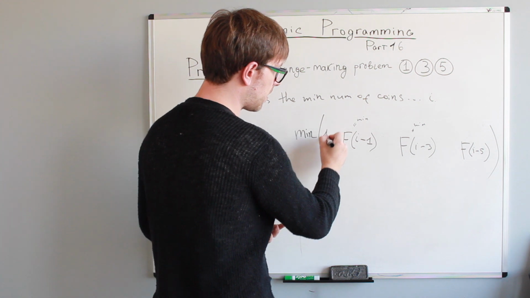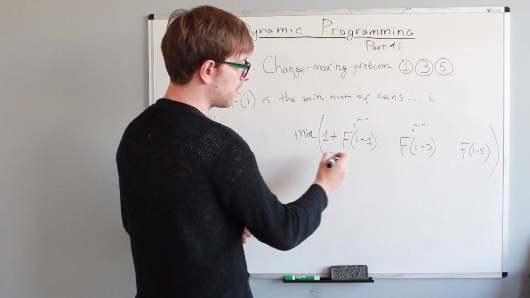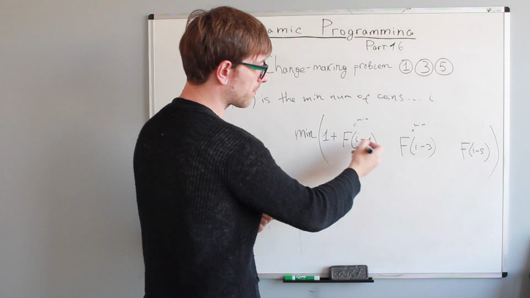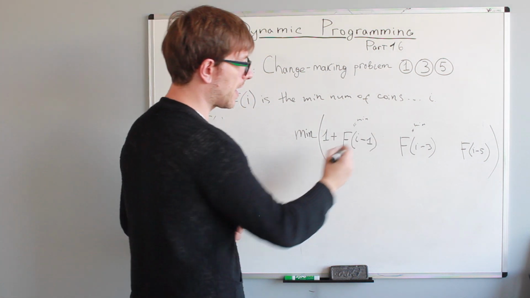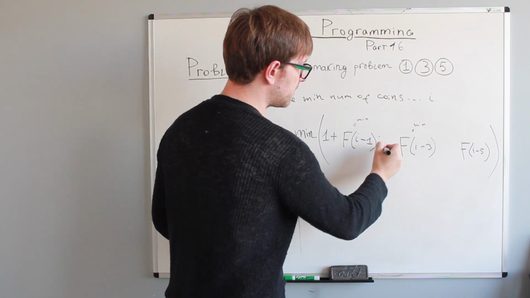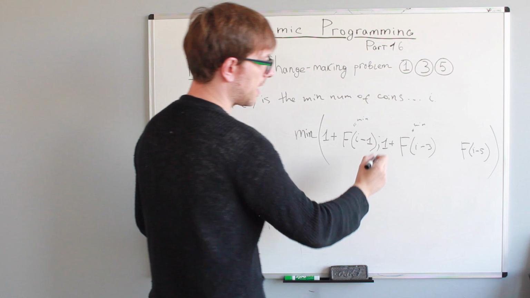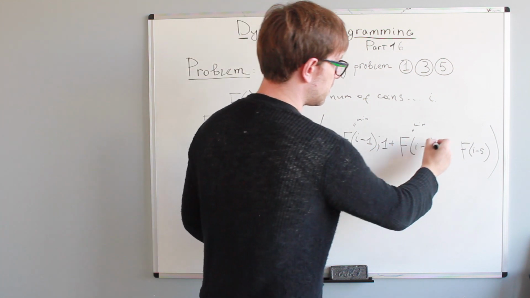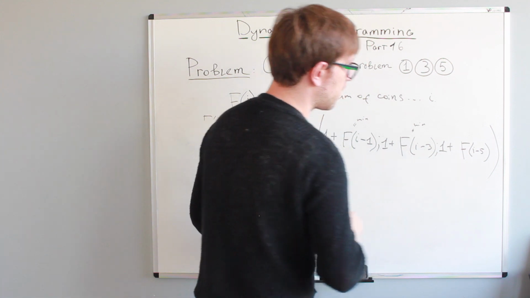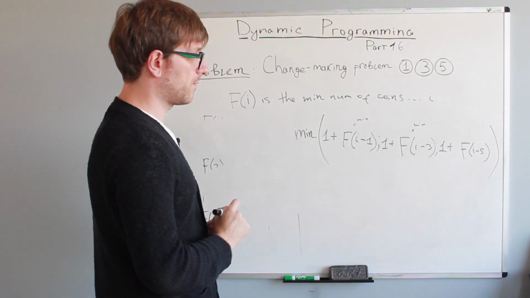So I need to say 1 plus, and then the cent that I returned I no longer count in the next state, right? So I minus 1. And the same here, 1 plus f of I minus 3. Again, 1 plus f of I minus 5.